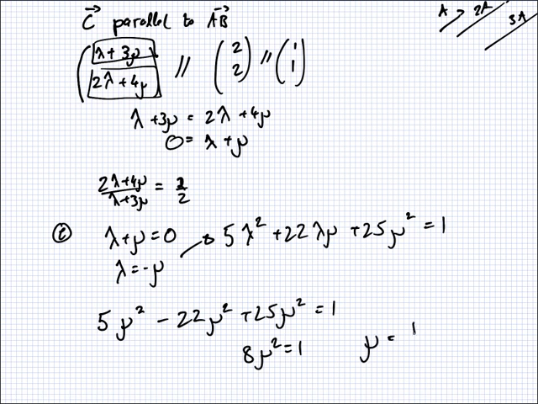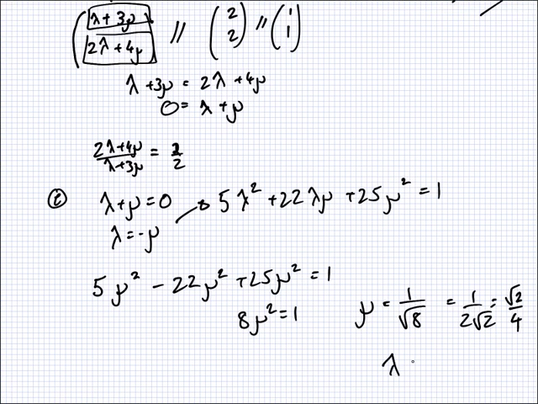So mu equals 1 over root 8, which is 1 over 2 root 2, which is root 2 over 4. And so mu is plus or minus root 2 over 4. So then lambda would equal minus or plus root 2 over 4.